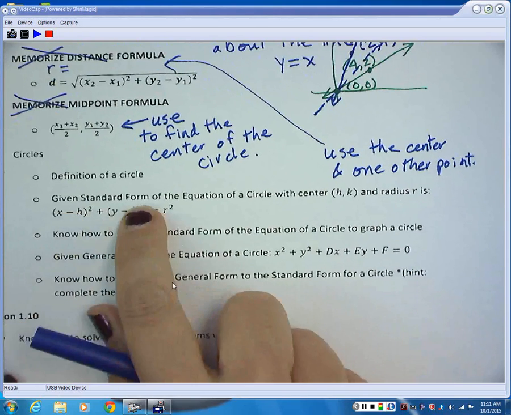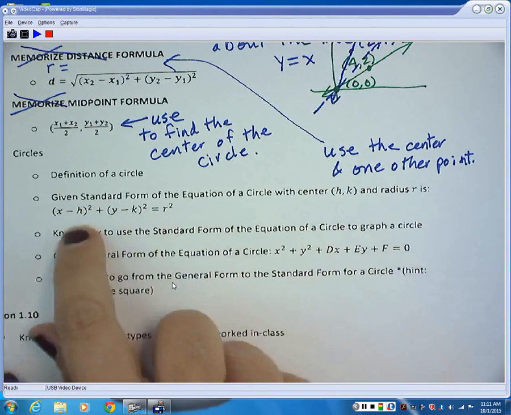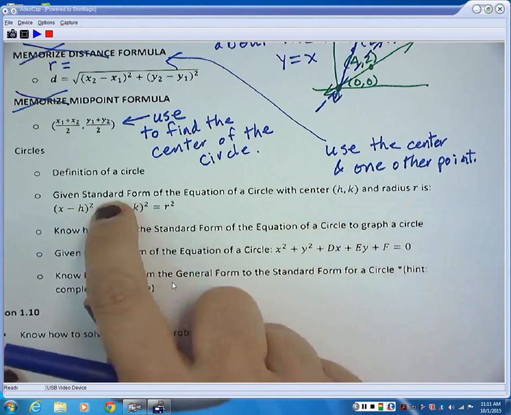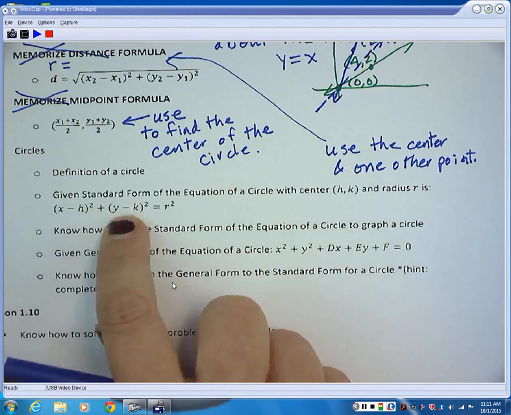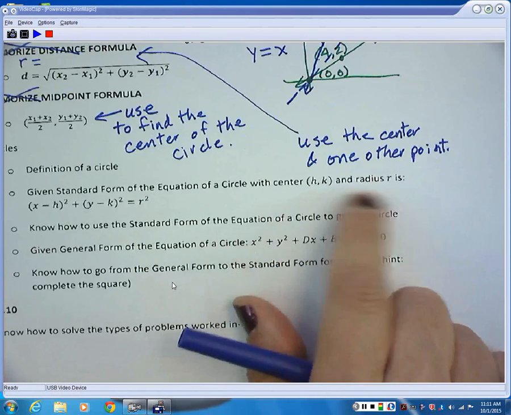If you're given the standard form of the equation of a circle, you need to know that that's a standard form. If you're given something in that form, you need to be able to identify the center and the radius.